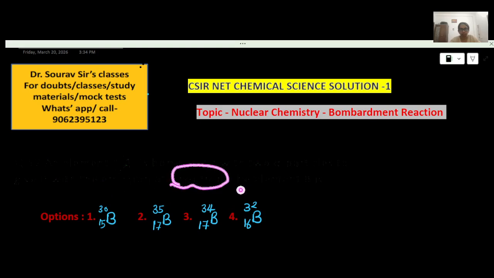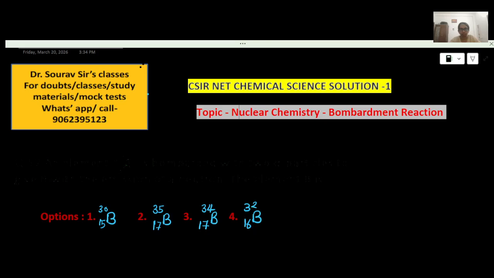What will be B in this question? There are four options for our answer: 30/15, 35/17, 34/17, and 32/16.